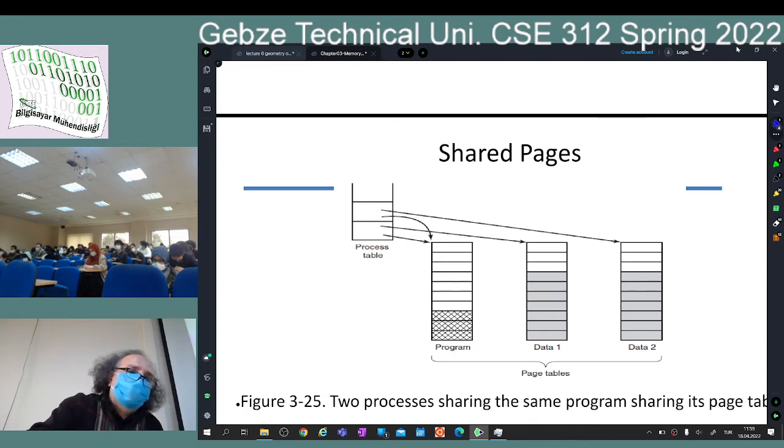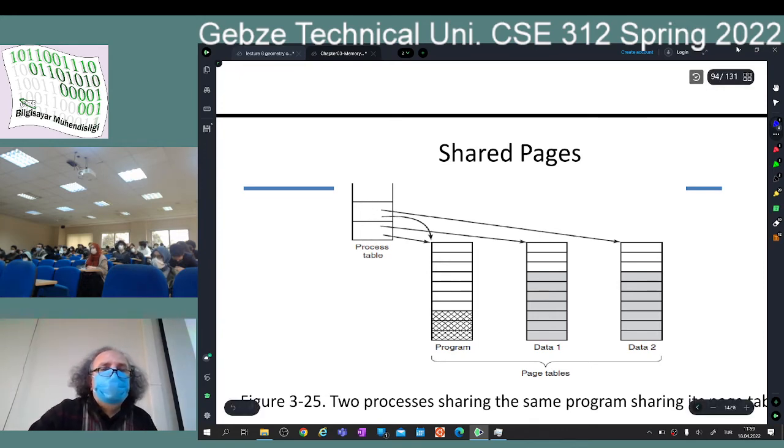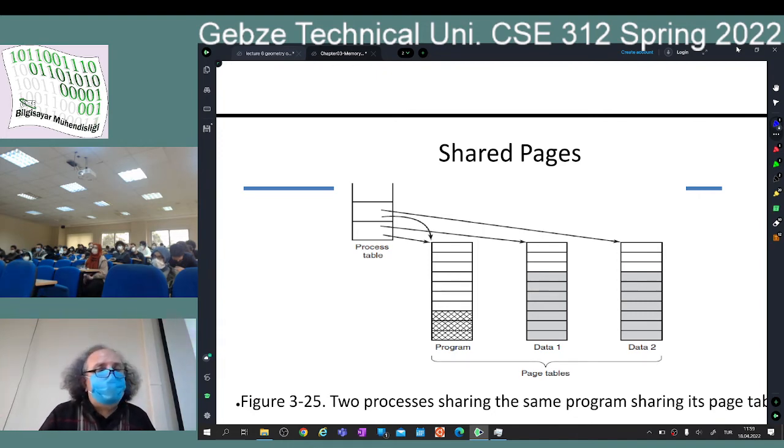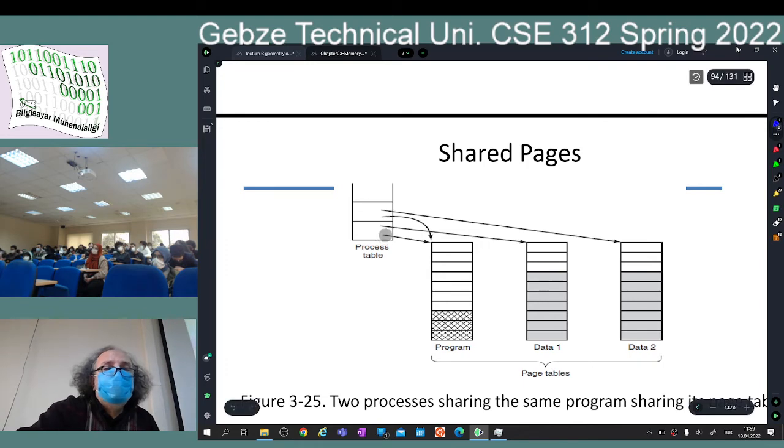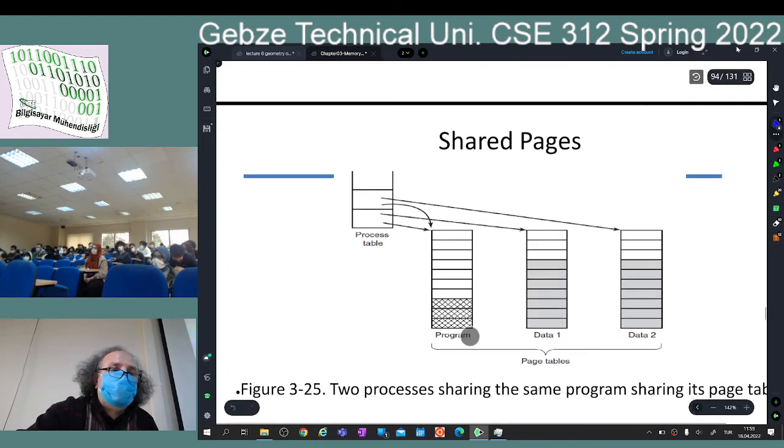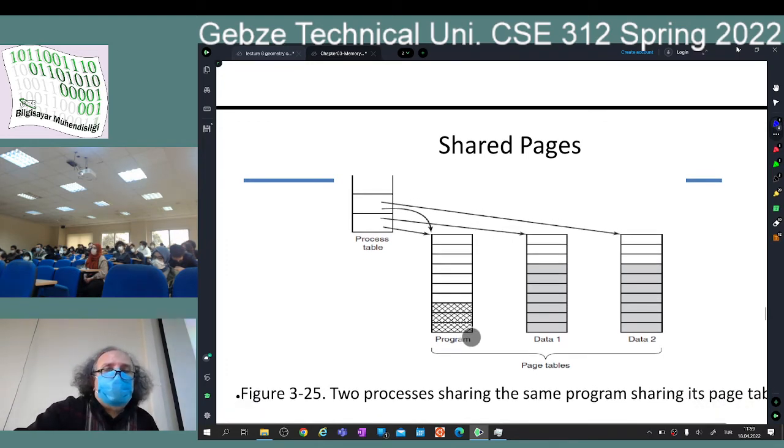I have 2 different processes in my process table, but both of those processes, since I forked one of them from the parent one, are pointing to the same I space, instruction space, because their programs are the same, right? They are running exactly the same program.